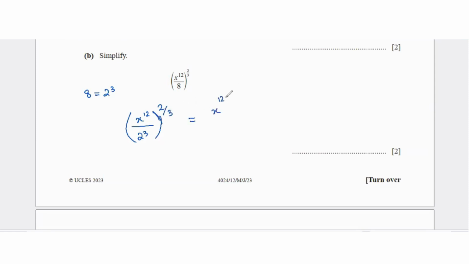So x to the power of 12 times 2 over 3, over 2 cubed times 2 over 3. Now, whenever you have a power outside the bracket and inside the bracket, always remember that those two powers get multiplied, not added or subtracted, always multiplied. So we know that 12 divided by 3 is 4, and 4 times 2 is 8. And 2 squared over here, so that's going to be x to the power of 8 over 4. That is your answer.